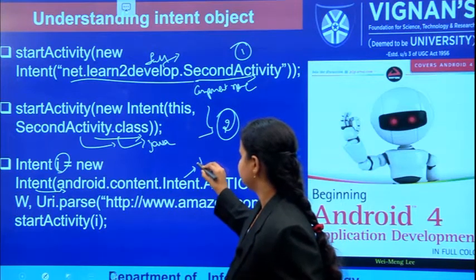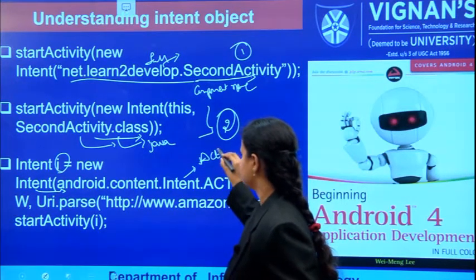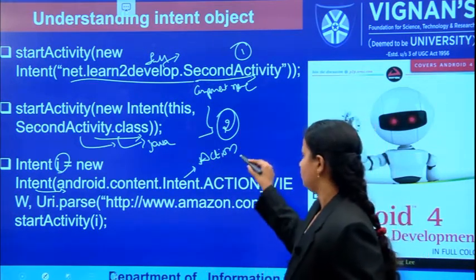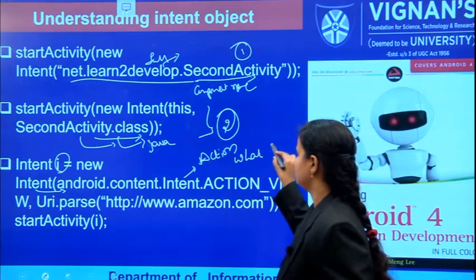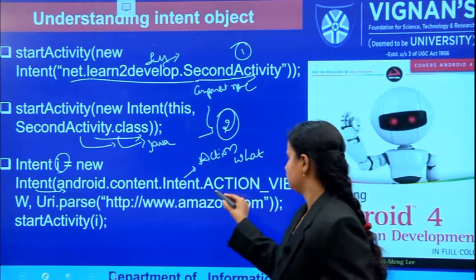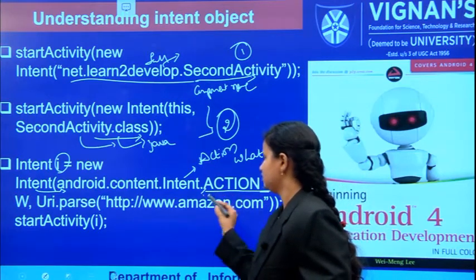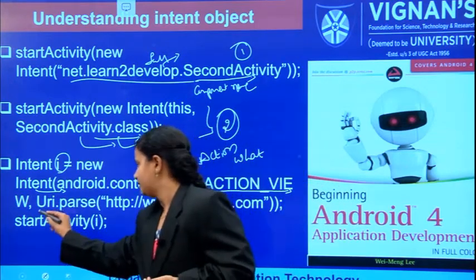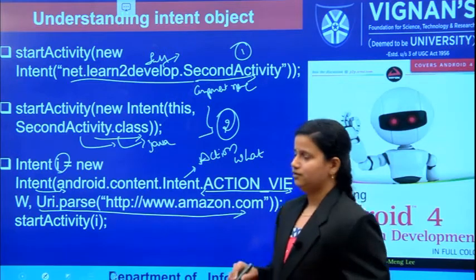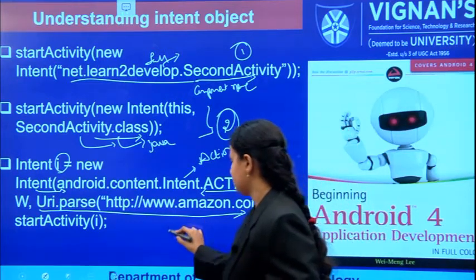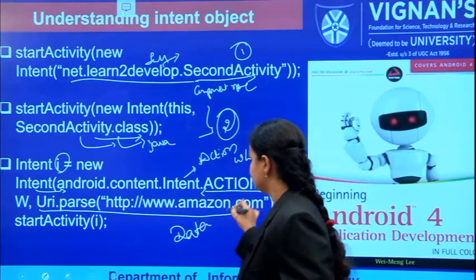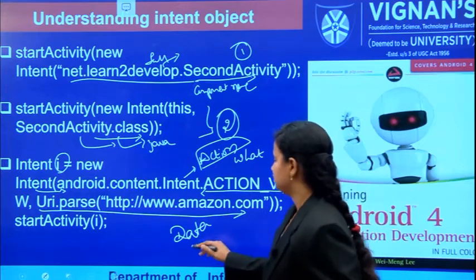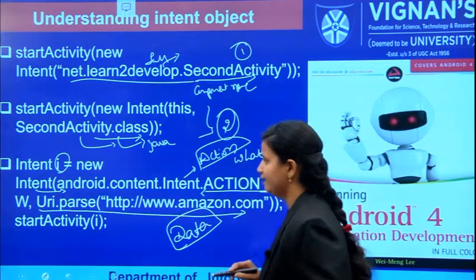The first one is the action, meaning what action it will perform, for example Action.VIEW. The action is provided as the first parameter, and the second parameter is the data. When you perform this action, which data will be affected? That data is represented as the second parameter.